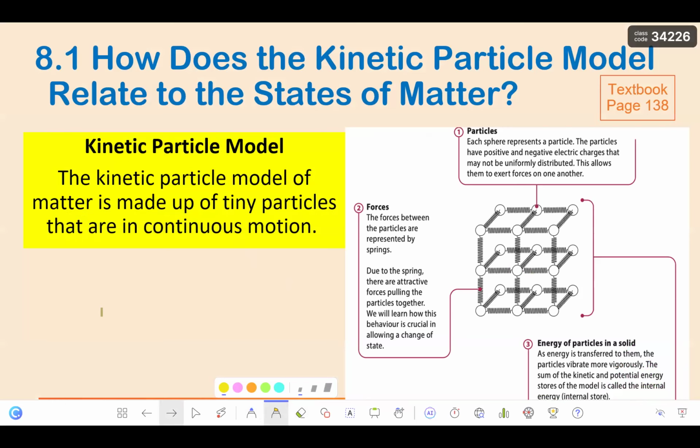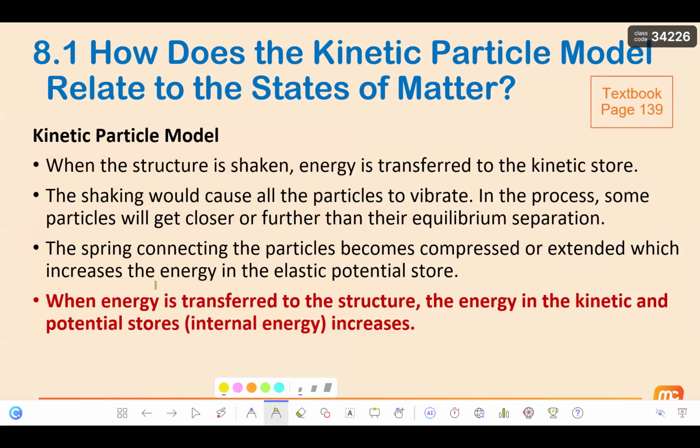Next, in this whole part, you only need to know that whenever I transfer energy into a solid, liquid, or gas, the energy goes into either the internal kinetic store or the internal potential store. Similarly, if I remove energy from a solid, liquid, or gas, I remove energy from either the kinetic store, the potential store, or both.